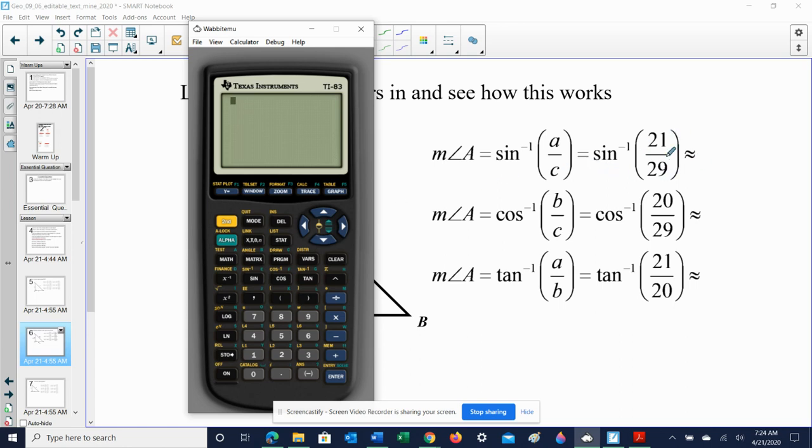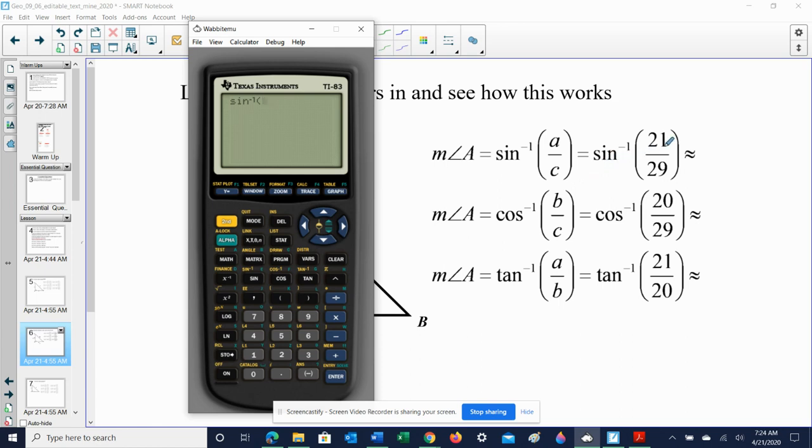So how do I find this number? Well, I said the inverse sine is above the sine key. There it is. How do we access that? With the yellow button. So I'm going to hit second sine. Notice what pops up. Sine -1.